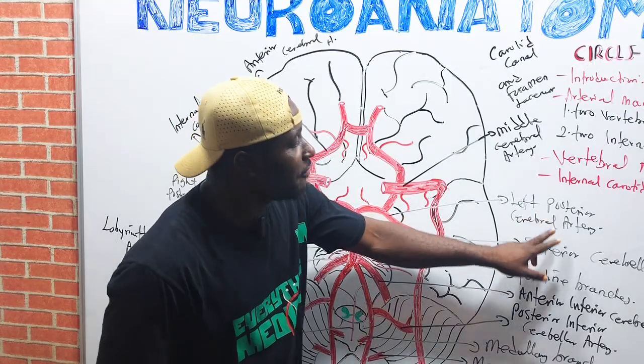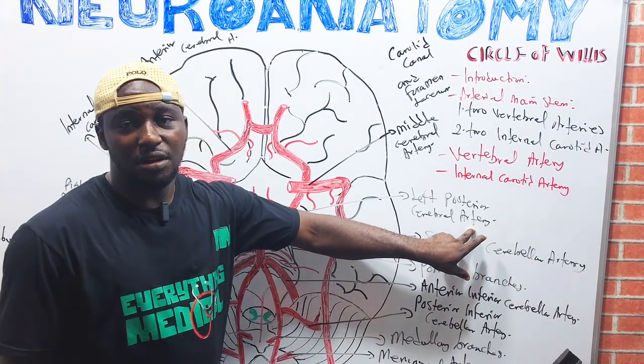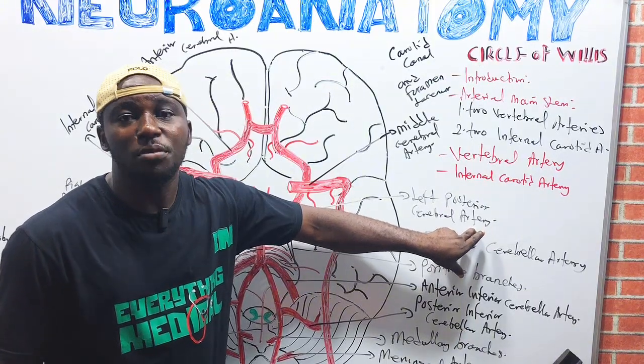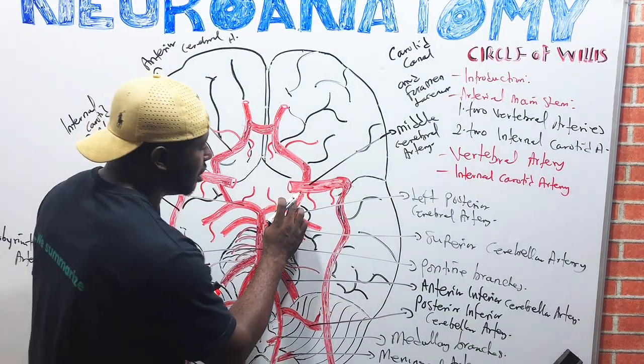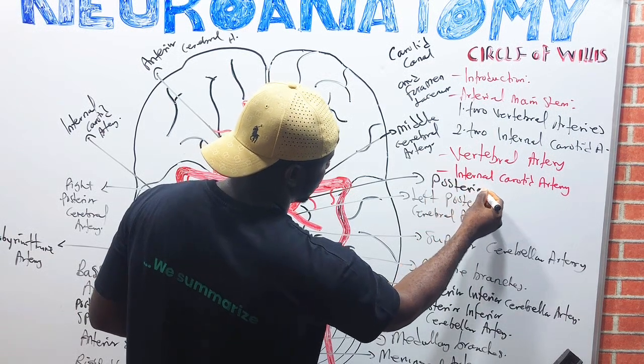Recall that the left posterior cerebral artery gives a branch to the posterior communicating artery. This is the posterior communicating artery.